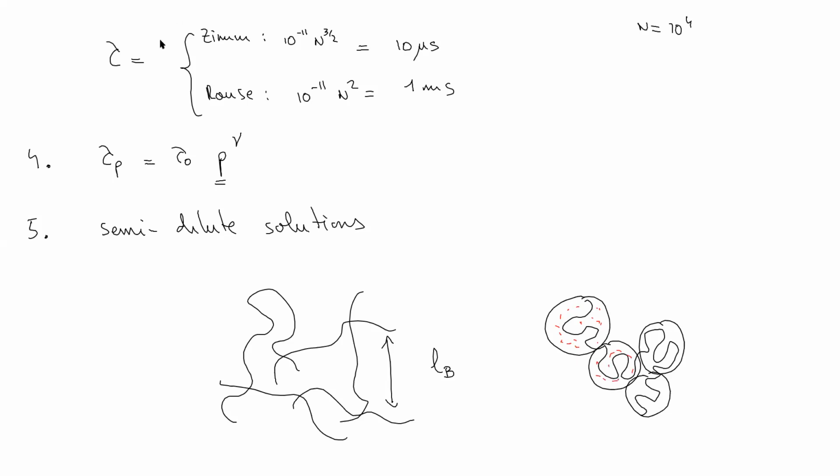And you feel the other chains only every LB, basically. Okay, so that's another chain. And so you're paving your solution with those blobs. And so you end up with a melt of blob-like chains. So a semi-dilute solution is a melt of blob-like chains. That was our conclusion previously.